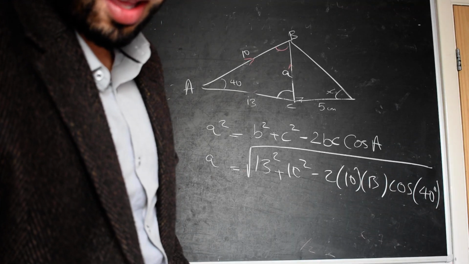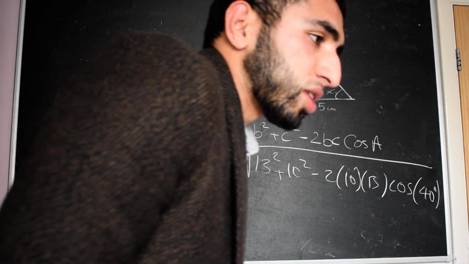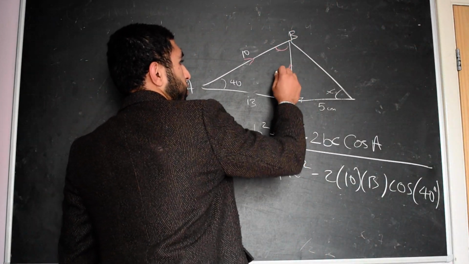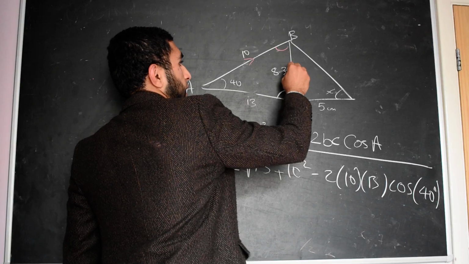Okay, 8.35 or 8.36, is that what you get? Check. 8.35. Okay, so 2 decimal places, that would be 8.36, yeah? So that means this side is 8.36. And that's very clear now.